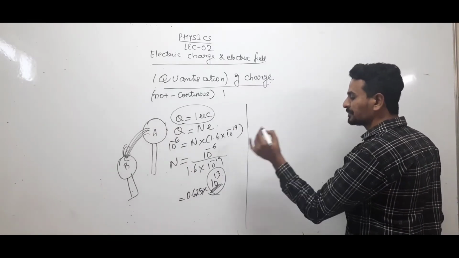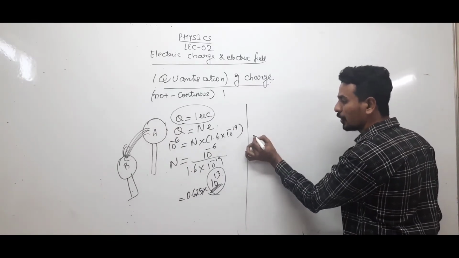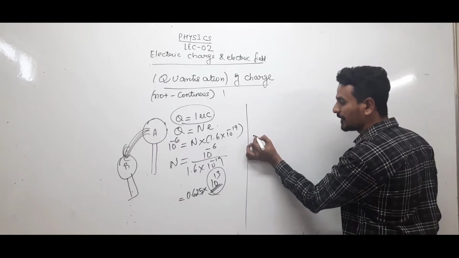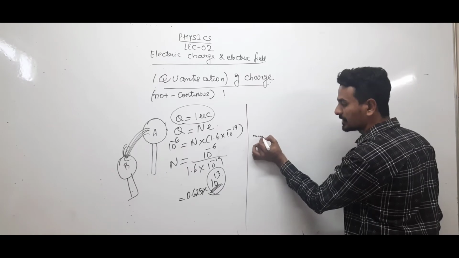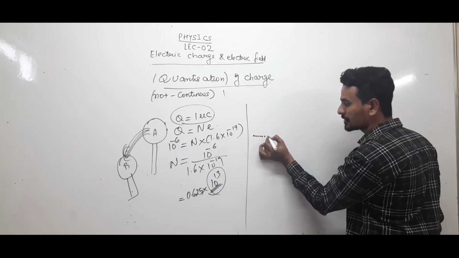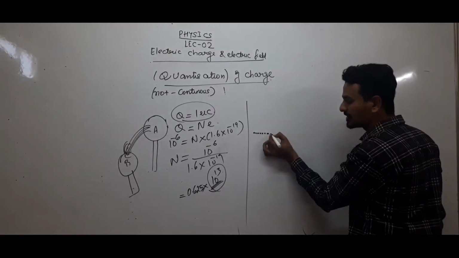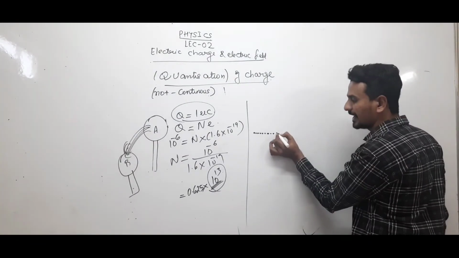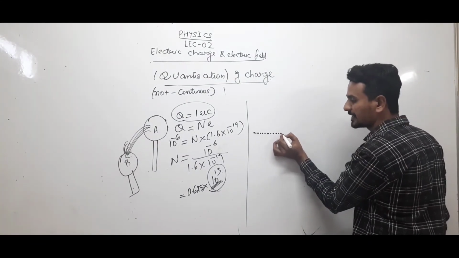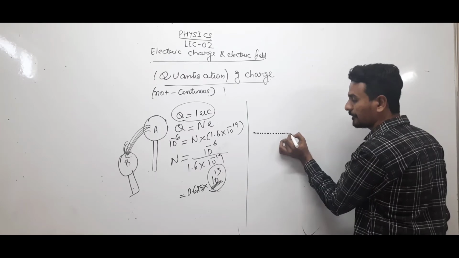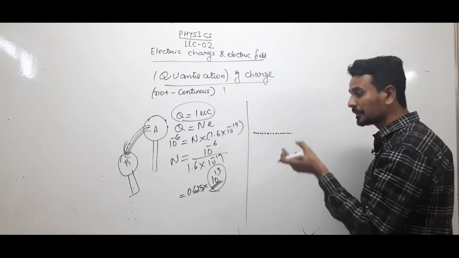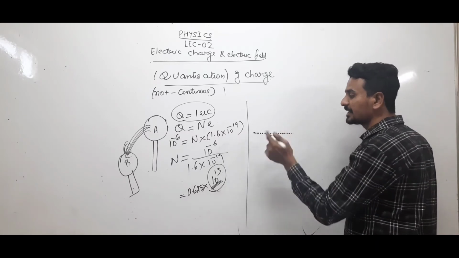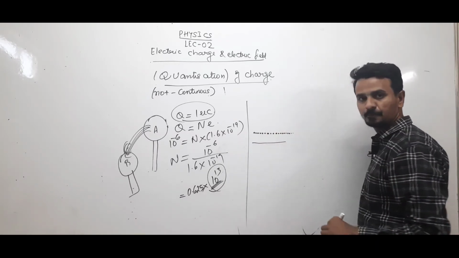See, I am just drawing the dots, but they are very close to each other, and they are very large in number. But if I ask any one of you sitting back, you will see this as a line.